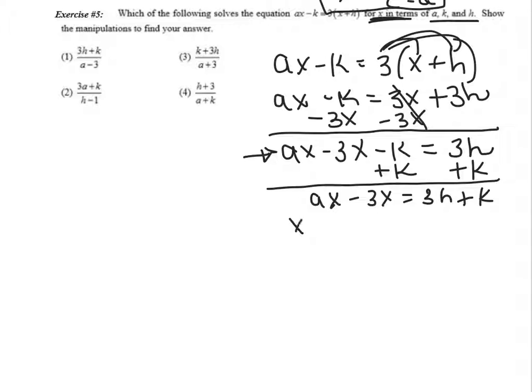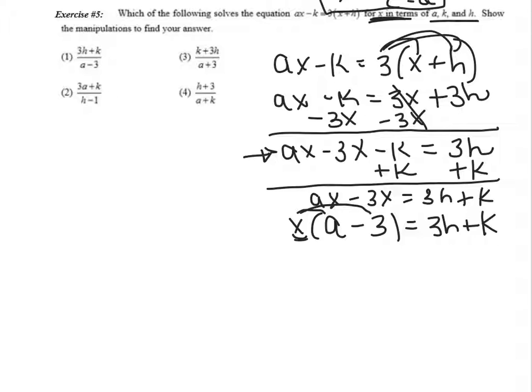Let's pull the x outside the parentheses and think about what would be left in the parentheses. Well, if when we distributed the x, we got ax minus 3x, that must mean there was an a minus 3 in here. Sure enough, x times a gives you ax. x times negative 3 gives you negative 3x. We just undistributed to get that x by itself.